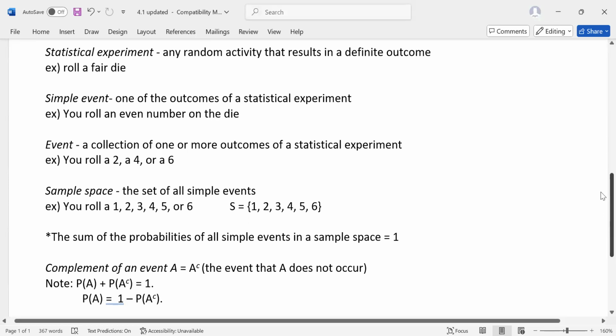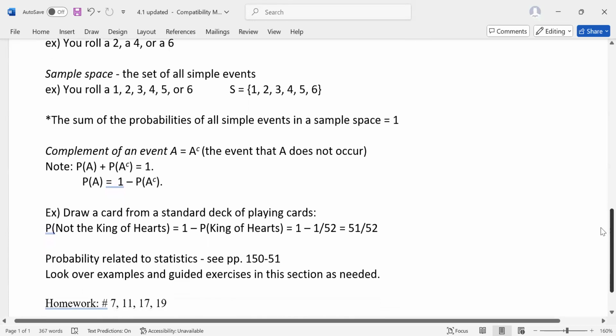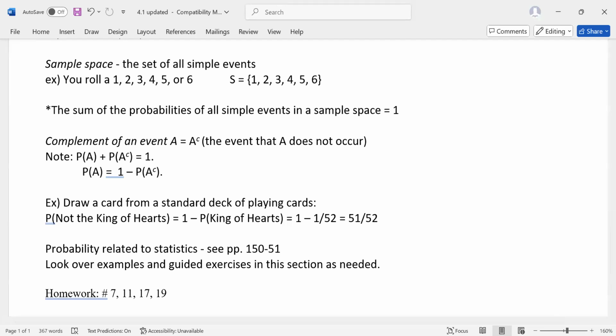Which brings us to the last topic of this section that I'm going to give an example for, the complement of an event. The complement of event A equals A with this little c that they have for an exponent. This is the event that A does not occur, A complement.